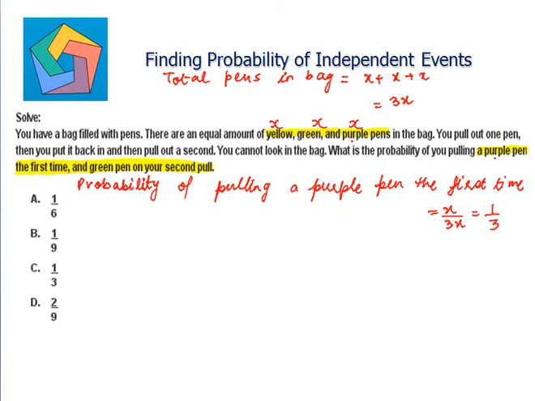Now we put this pen back into the bag, and now on the second pull we need a green pen. Similarly, X green pens are there in the bag and total pens are 3X. So the probability of pulling a green pen in the second pull will be X over 3X only, favorable over total outcomes.